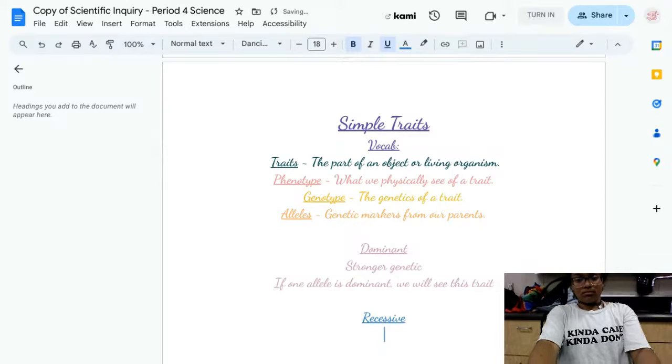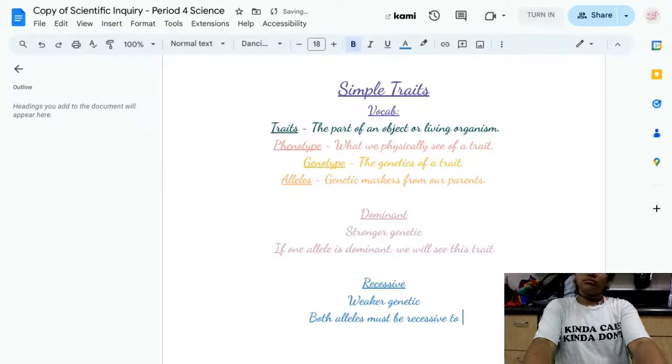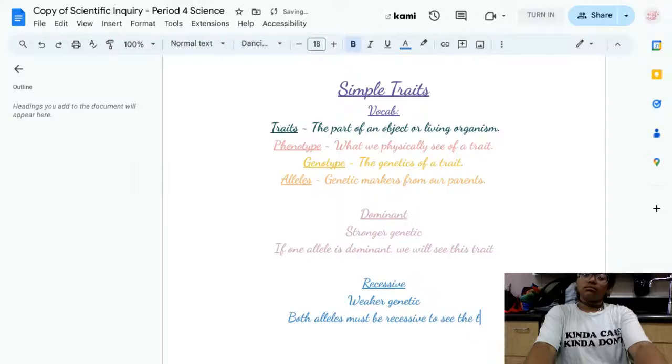That means that both alleles must be recessive to see the trait.